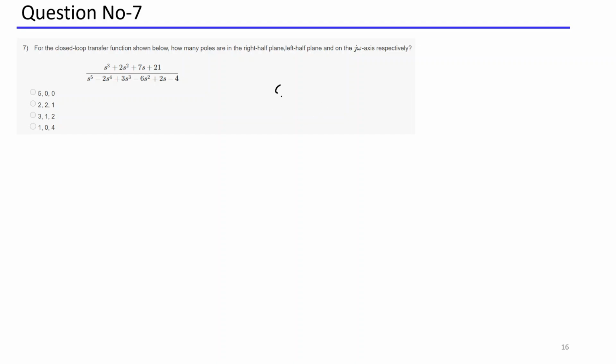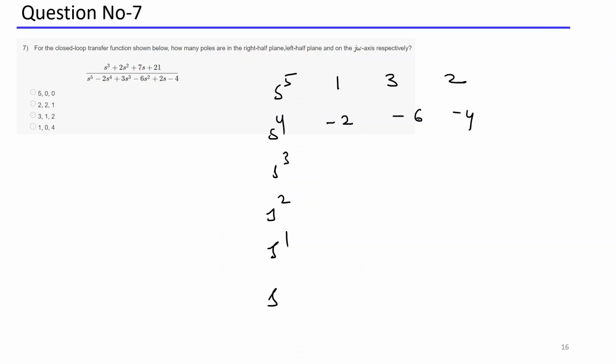Directly, don't write the denominator, just draw the table. s^5 row: 1, 3, 2. Here is minus 2, here minus 6, minus 4.